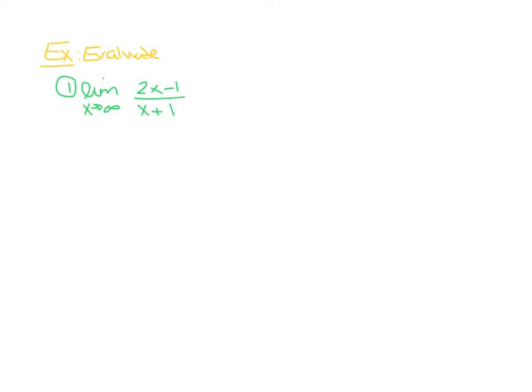So I'm going to show you how you can evaluate some of these limits. If you found that you substituted in infinity for this, you would get like 2 times infinity minus 1 over infinity plus 1.